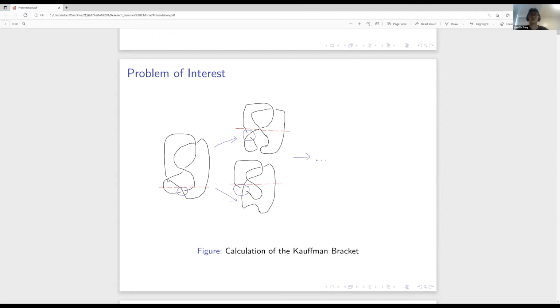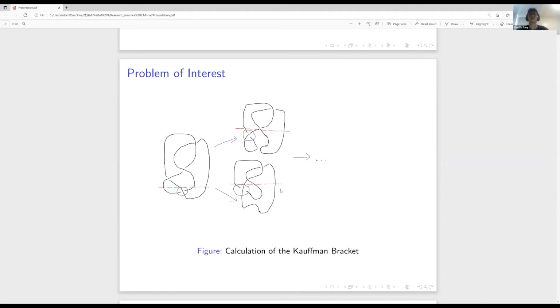For each of the crossings, we start with the first one, apply the smoothing formula and split into two cases, then go to the second one, and keep smoothing out.